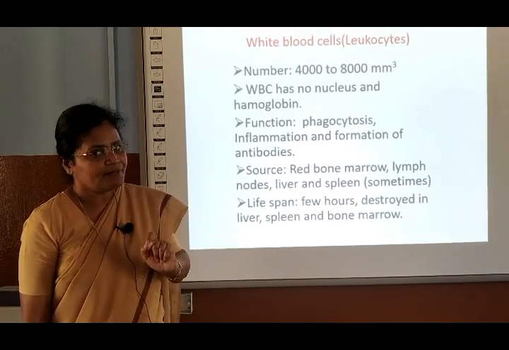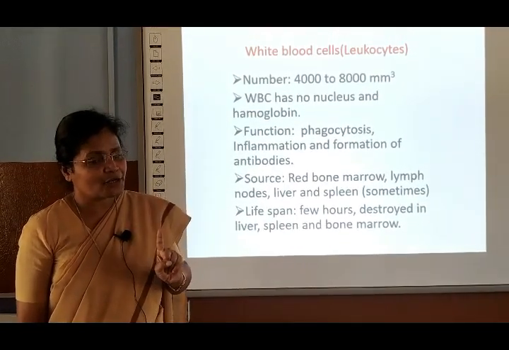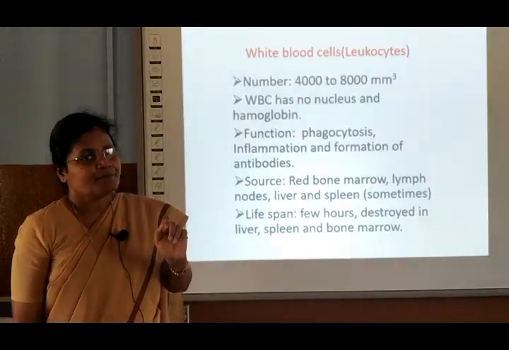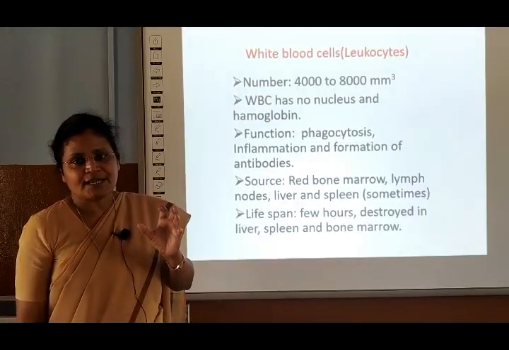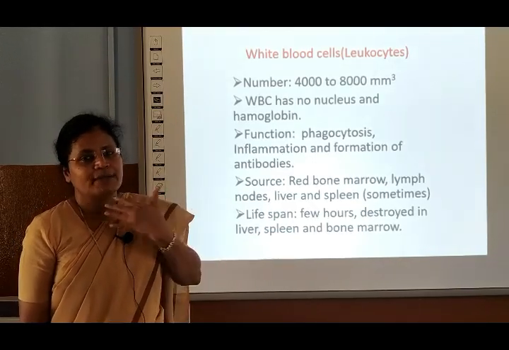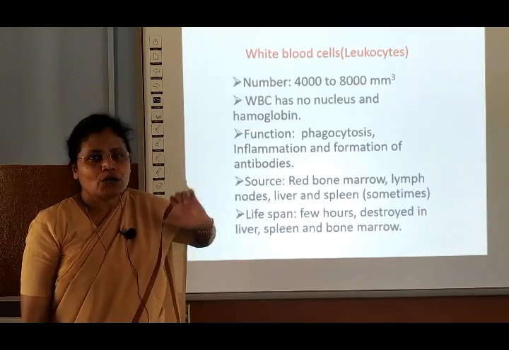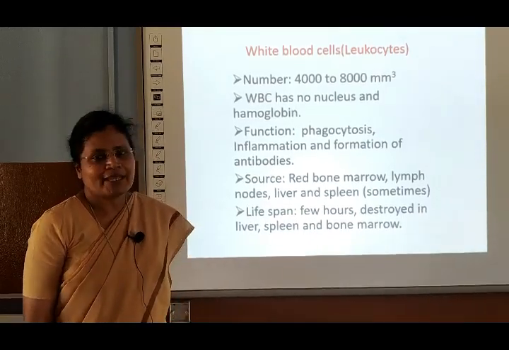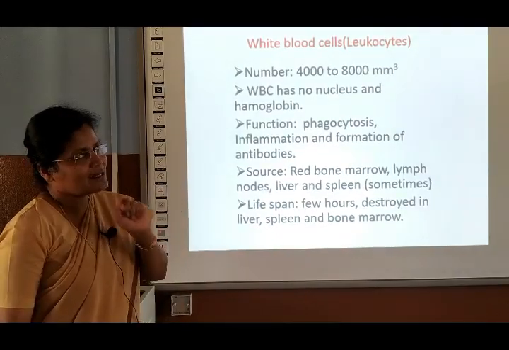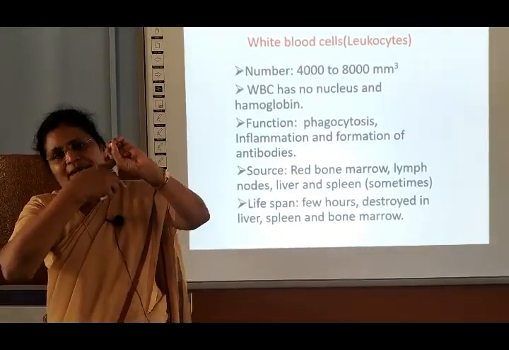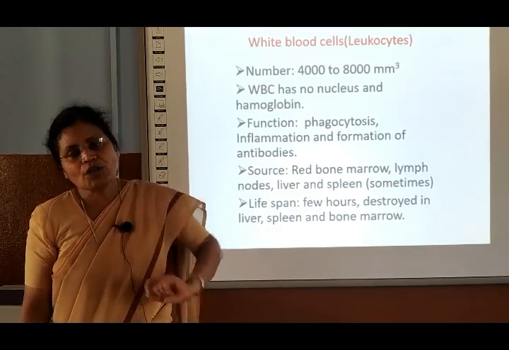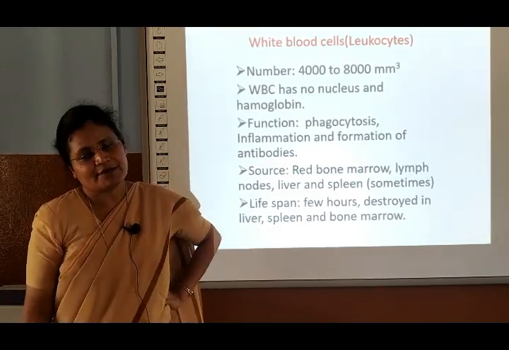Size is 7 micron, lifespan 120 days. In adults it is produced in the marrow of the long bones like the breastbone, rib bone, and the ileum of the hip girdle, whereas in children it is produced in the marrow of all the bones, the red material inside the bones. It is destroyed in the liver and spleen.